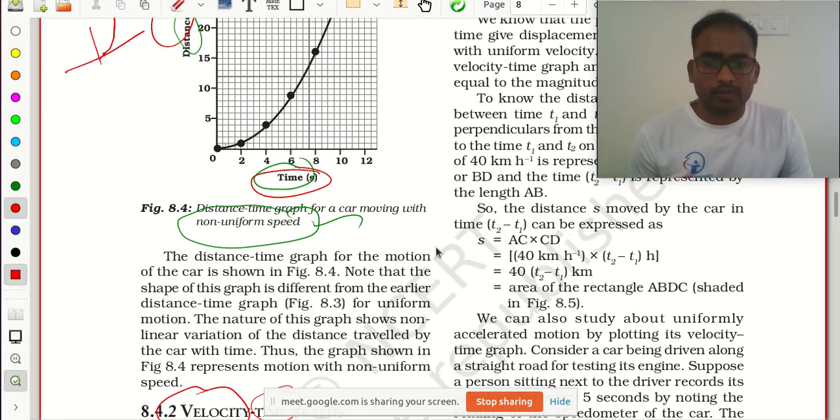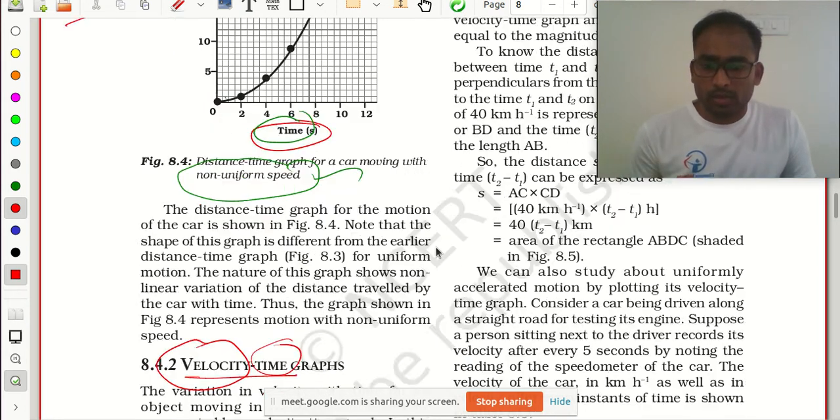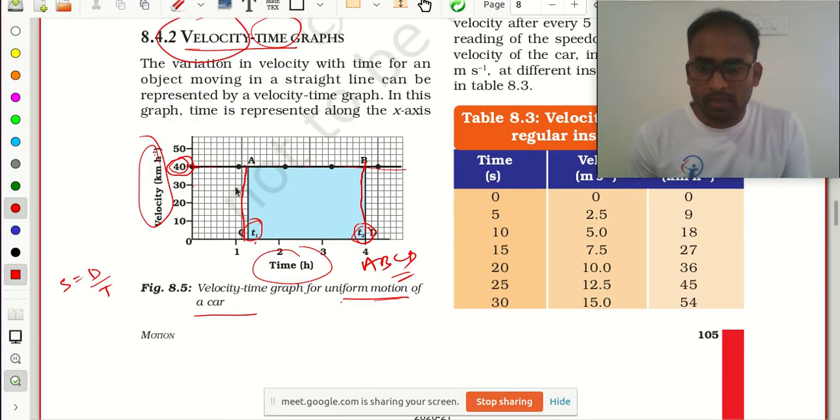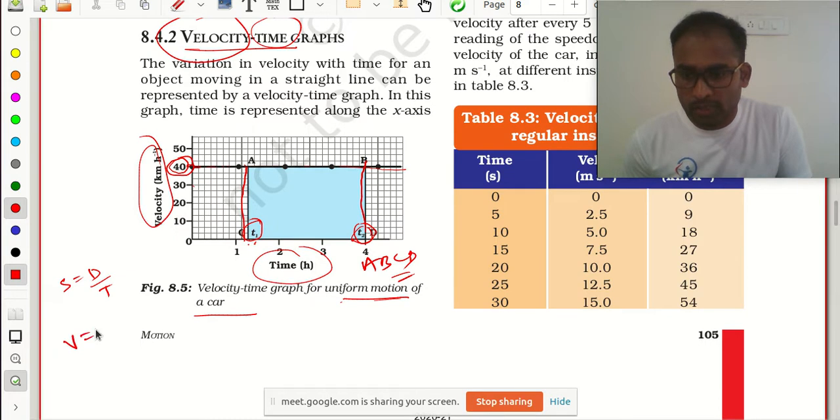So the distance covered from T1 to T2, that I need to measure. Here velocity is equal to displacement upon time.